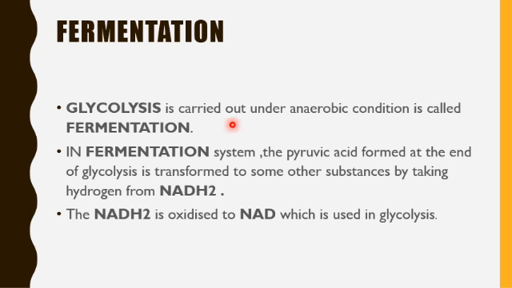Glycolysis carried out under anaerobic condition is called fermentation. In the fermentation system, pyruvic acid formed at the end of glycolysis is transformed to some other substances by taking hydrogen from NADH2.